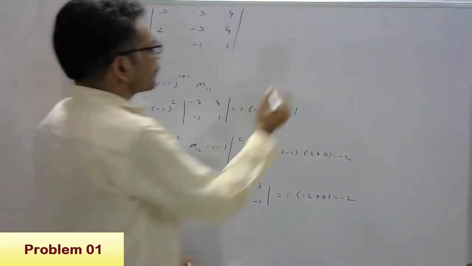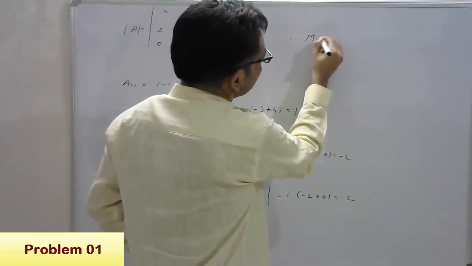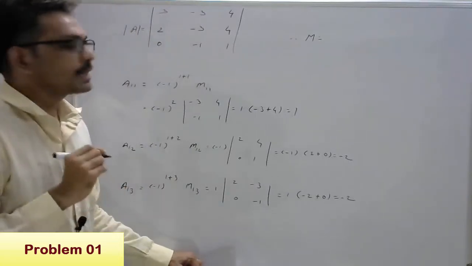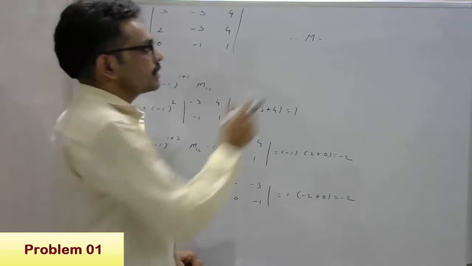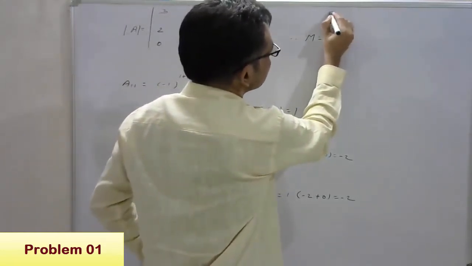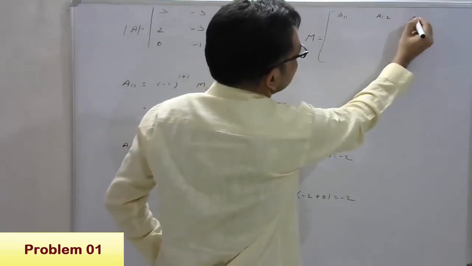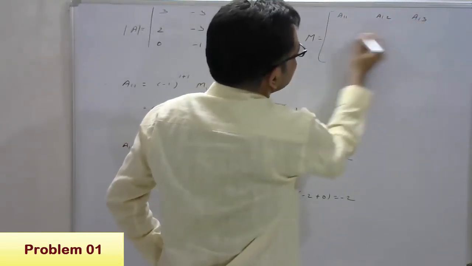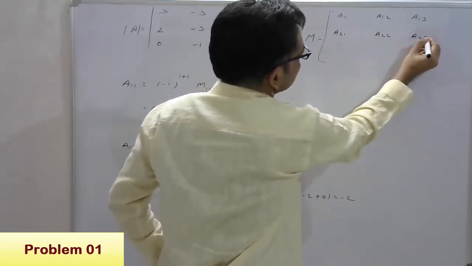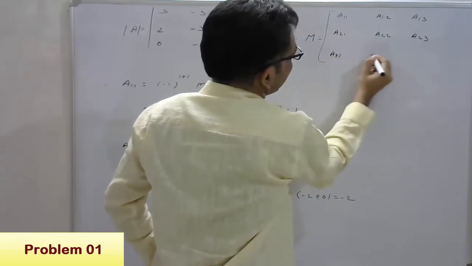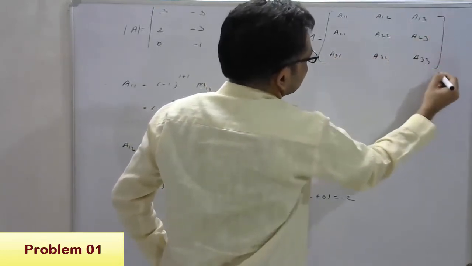Therefore, the cofactors of the elements of the matrix aij are denoted by the capital Aij. Therefore, we write in matrix form: first element is A11, second element is A12, A13, A21, A22, A23, A31, A32, A33.